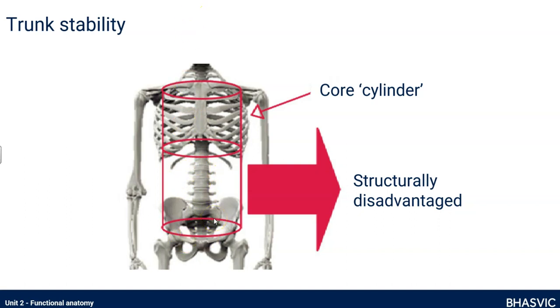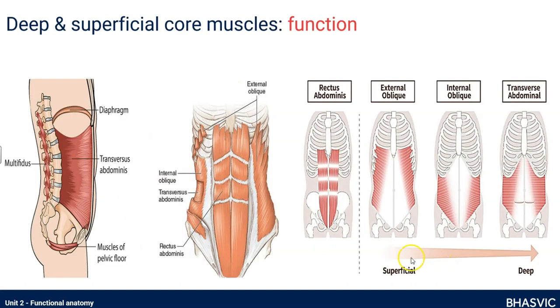So it's quite vulnerable. For lots of reasons, we want a strong muscular core to protect this trunk area, but also so that we can execute our sporting actions effectively and efficiently. We don't want to waste energy having a weak core. We want it as stable as possible.